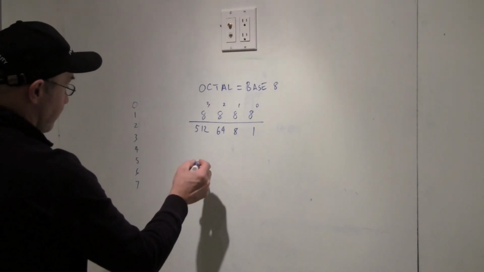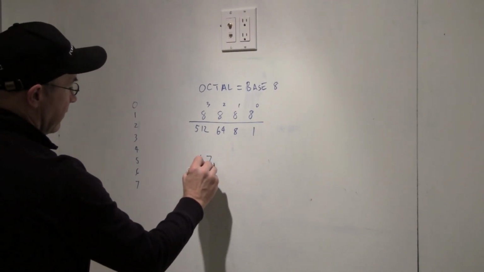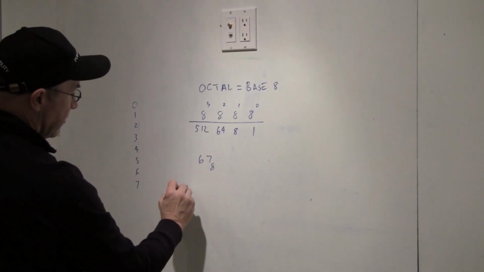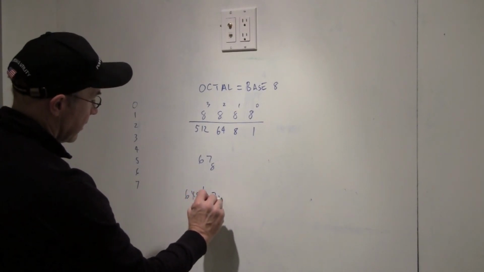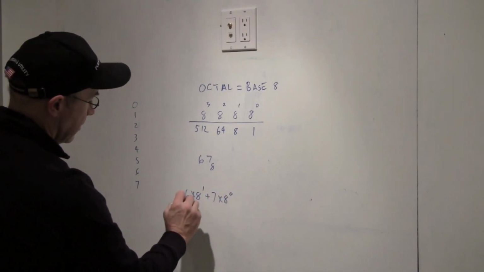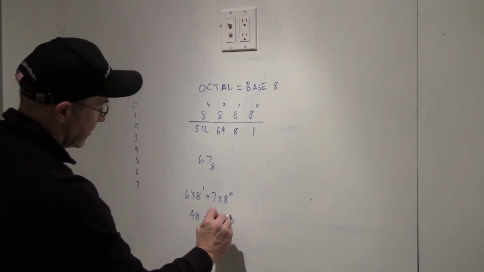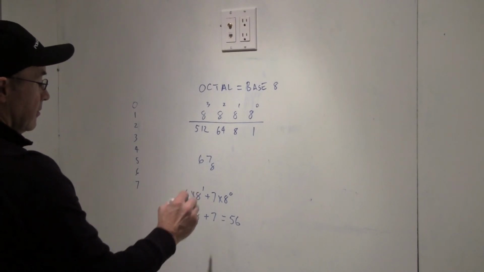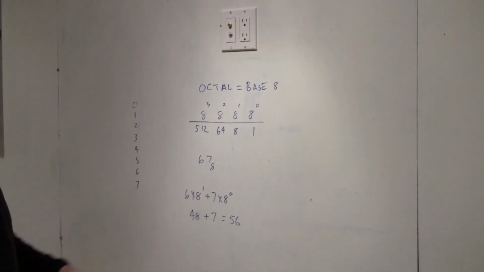If you had 67 in base 8, that would be the same as 6 times 8 to the 1 plus 7 times 8 to the 0. 6 times 8 is 48 plus 7 is 55. So 67 in base 8 is 55 in decimal. You can likewise convert things back the same way, but you've got to form your number in terms of powers of 8.